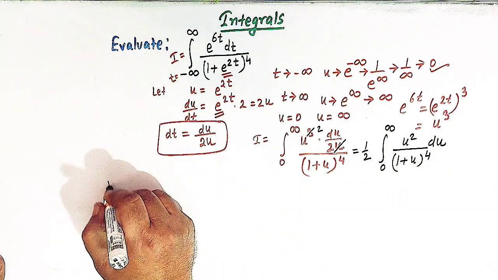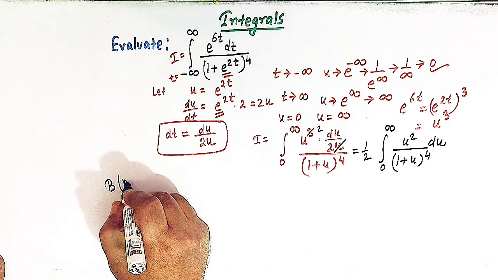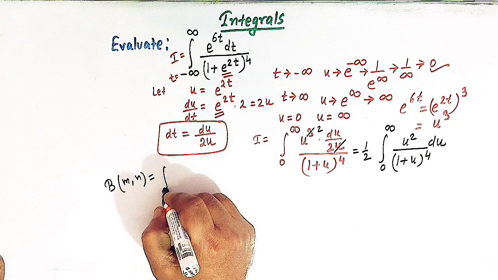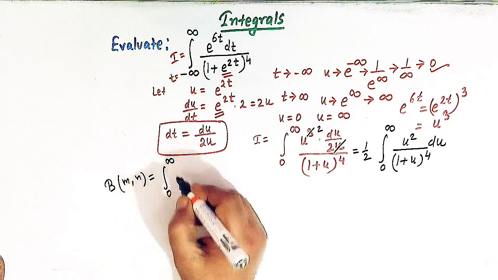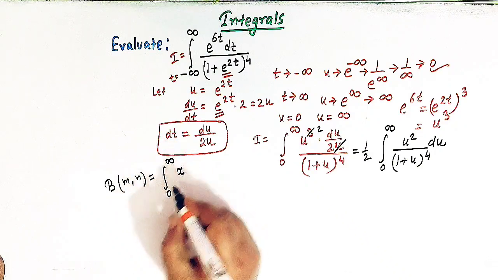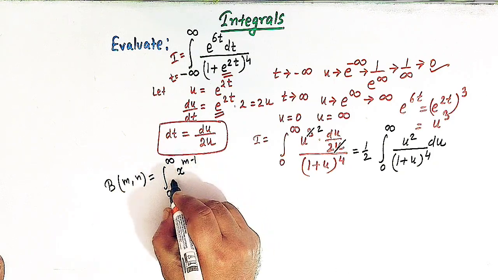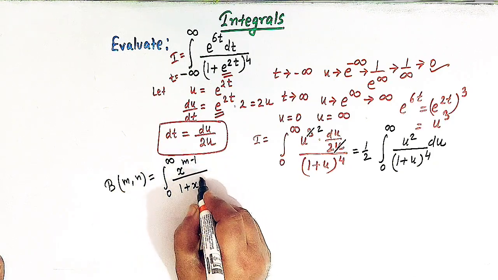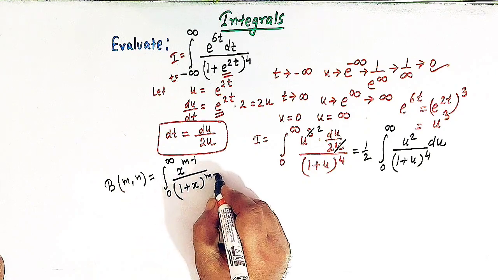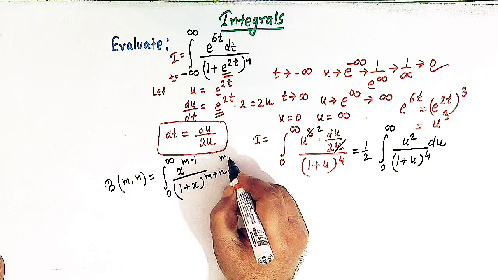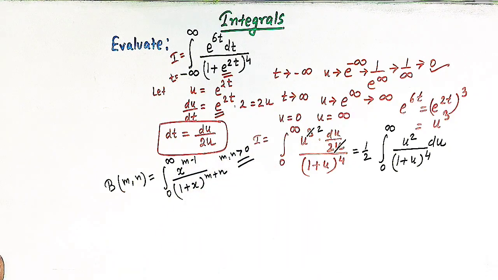Because the beta function is defined as beta m comma n, which is given by the integral from 0 to infinity, and if we have the variable say x, then we have x raised to m minus 1 over 1 plus x raised to m plus n, right? Where m and n both are greater than 0.